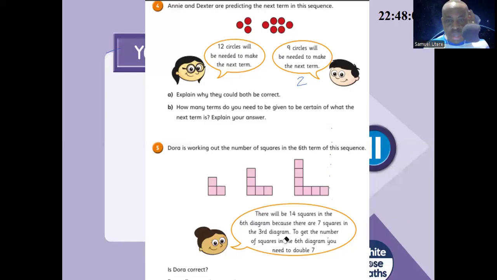To get the number of squares in the 6th diagram, you need to double 7. Is Dora correct? Now remember what we said. To do your prediction, you check what is really going on with the sequence. And then you draw a diagram to check your prediction. Okay, so I'm just going to provide the answer for this one so that you can mark your work.